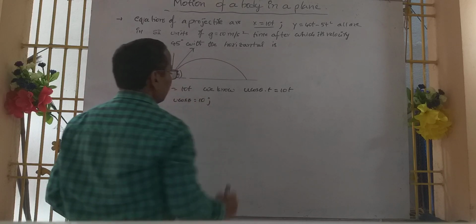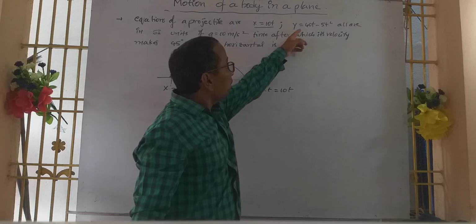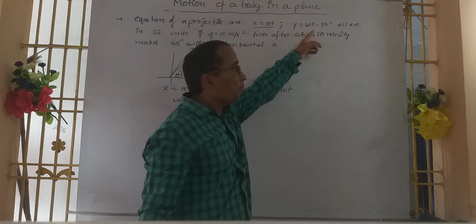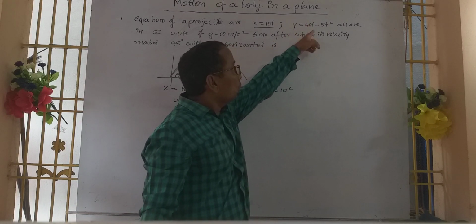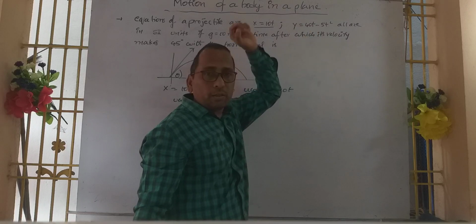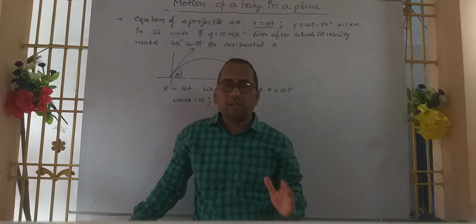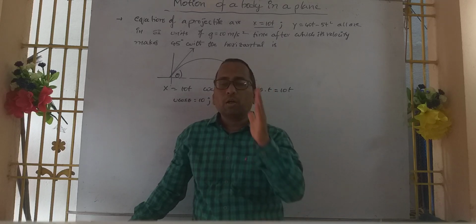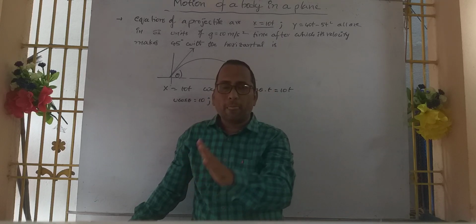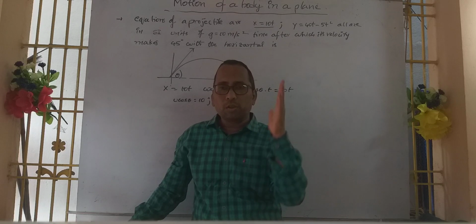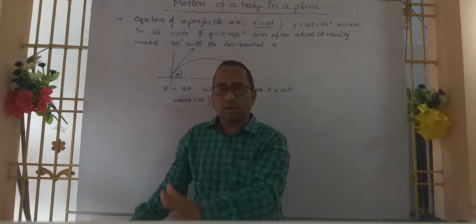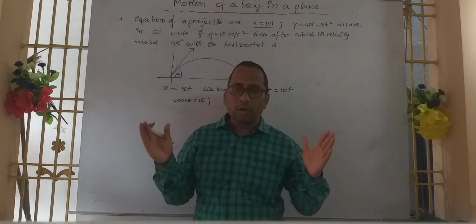That is the first one. In the same manner, the other equation is also compared. Here y is equal to u sin theta into t minus half g t square. As I told already, horizontal distance x is equal to u cos theta into t, and y is equal to u sin theta into t minus half g t square.